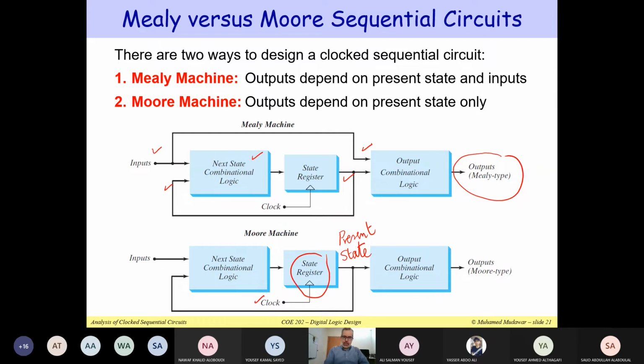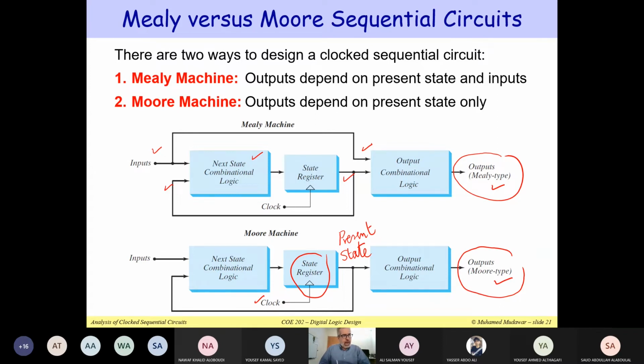When you see the outputs depending only on the present state and they do not depend on the inputs, then we say that this is a Moore type sequential circuit. If you see the outputs depending on the present state as well as the inputs, then we say it's a Mealy type. That's the main difference. This is really the difference between Mealy and Moore.